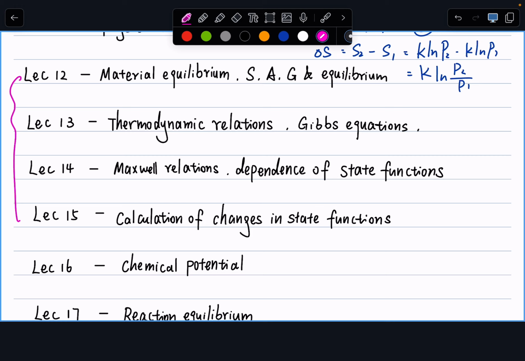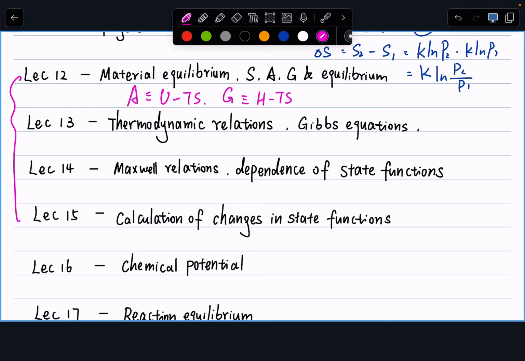Right, and then since we care about what is minimized at equilibrium, based on entropy being maximized at material equilibrium, we end up defining our 2 new thermodynamic state functions, a Helmholtz energy, which is A. Remember, A is by definition U minus TS, and G is by definition H minus TS.